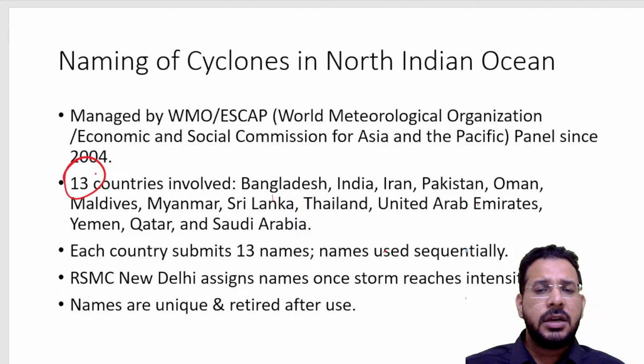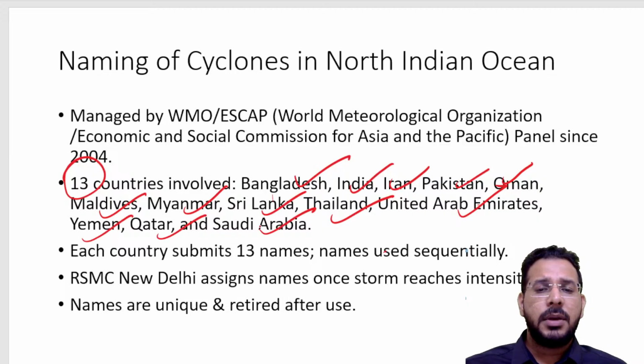So we have 13 countries which are Indian Ocean countries like Bangladesh, India, Iran, Pakistan, Oman, Maldives, Myanmar, Sri Lanka, Thailand, UAE, Yemen, Qatar, Saudi Arabia.